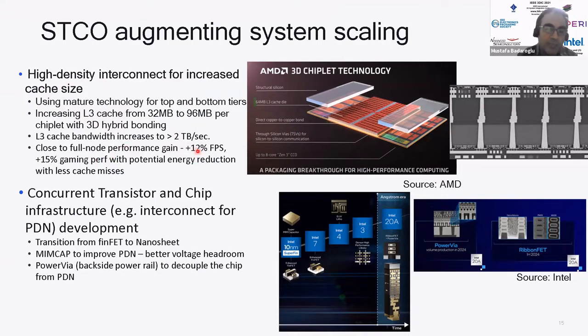So there is an improvement of the gaming performance, CPU, GPU performance of more than 12% frames per second and 15% gaming improvement. This is enabled by 3D SoIC technology using hybrid bonding, which is basically creating a very fine pitch connection between the logic and the memory die.